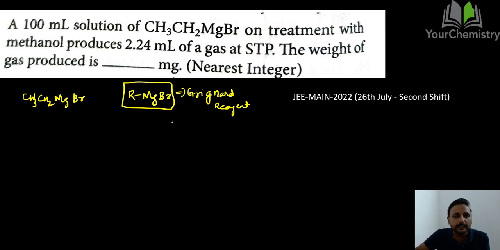See, basically in a Grignard reagent, this R is R minus. This R minus has 2 jobs: it can act as a base, and it can act as a nucleophile.